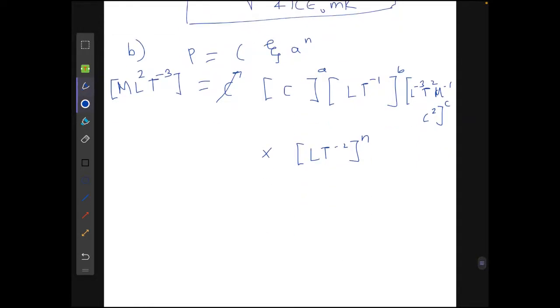So on calculating this, you can get the answer very easily, and so I'm just writing the end expression which we get for the power.